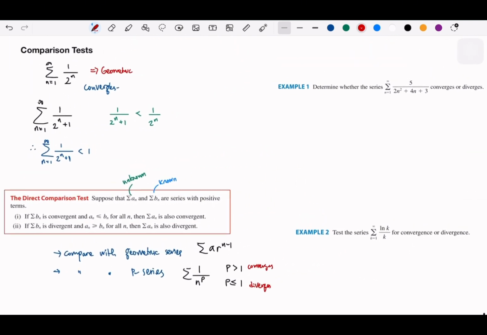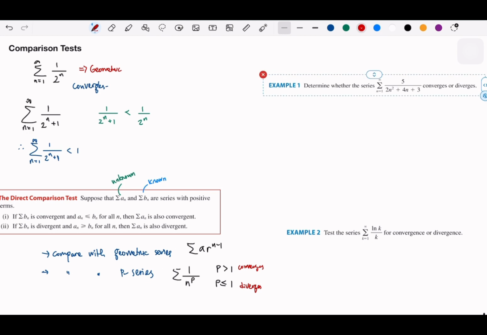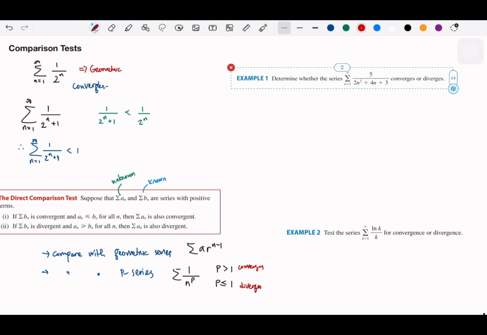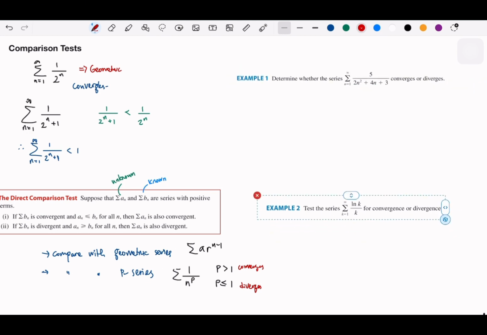So to begin, here is an example. I take the example from the textbook. We have this series, 5 over 2n squared plus 4n plus 3. It seems like we are unable to compare, we don't know how to measure.